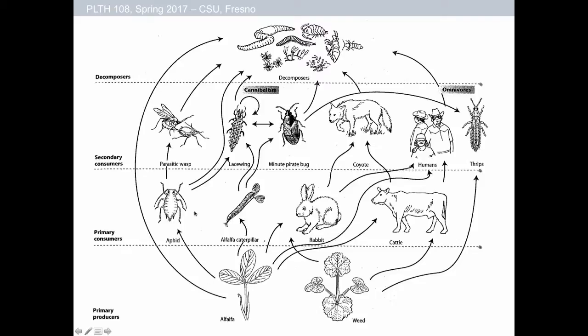So we've got things in here such as omnivores, the humans, which may eat the various organisms that feed on alfalfa, but may actually eat alfalfa themselves. Think bean sprouts, alfalfa sprouts, as opposed to actually out there eating alfalfa plants themselves. We've got things like parasites that don't actually necessarily feed to kill all the time, though in this case they do. You've also got really unusual situations like cannibalism.